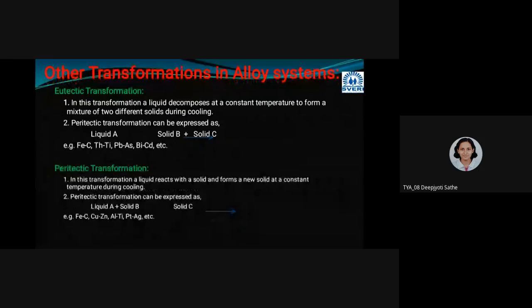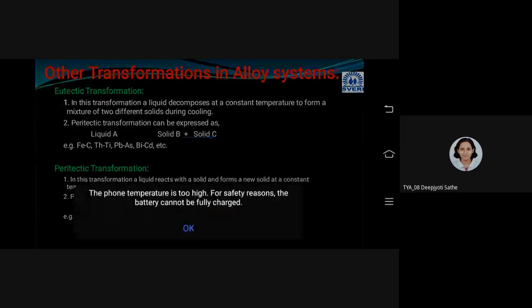Eutectic transformation and peritectic transformation are there. Now, what is the eutectic? I have already explained it in the eutectic system and partial eutectic system.